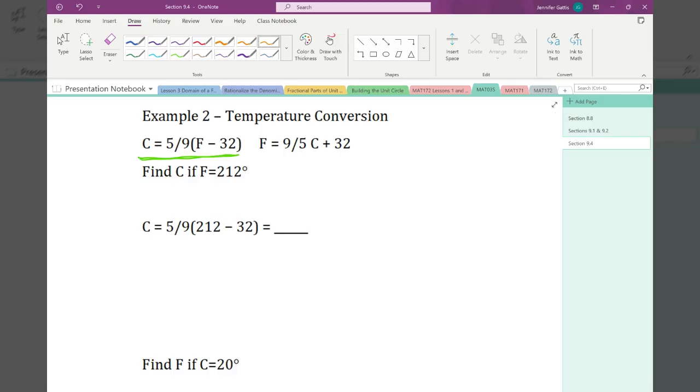And we just do 5/9 times 212 minus 32. And we get that this is the same as 100 degrees Celsius.